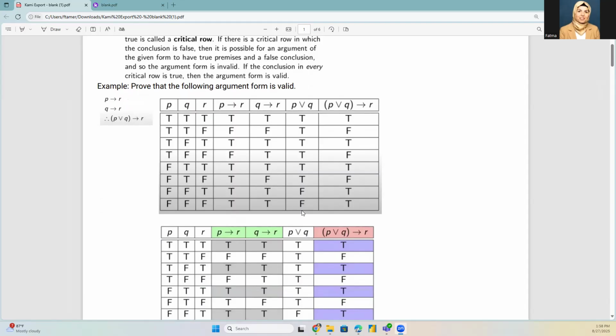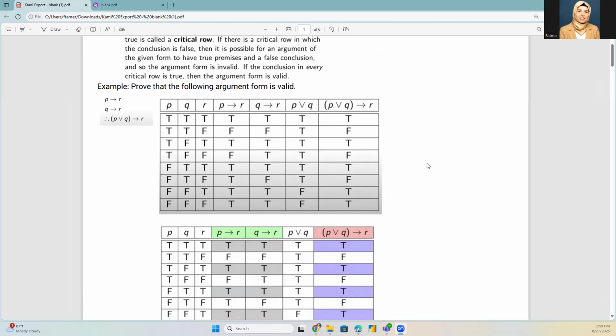This is the truth table for P or Q. Now we compare this with R. The statement if P or Q, then R only becomes false if the first one is true but the second one is false. So in this truth table, we get false here, here, and here.